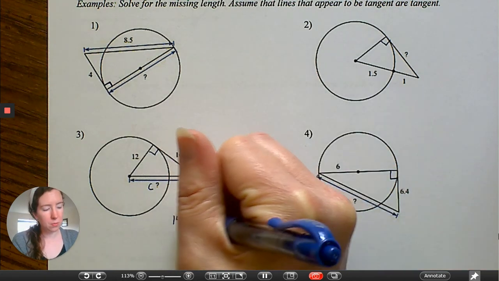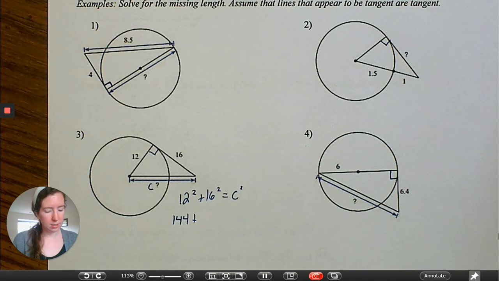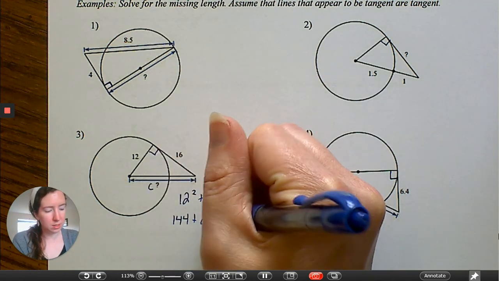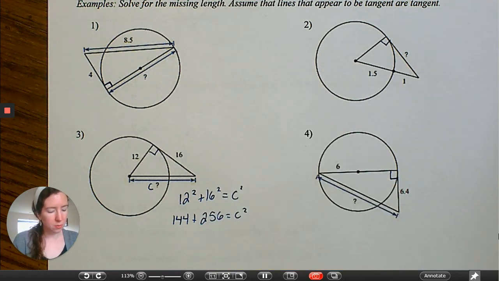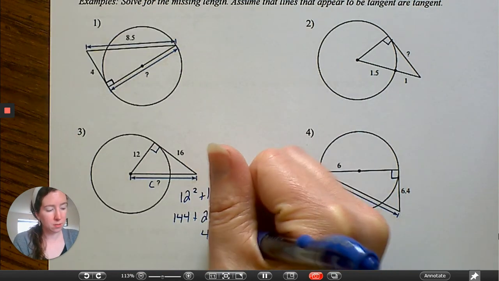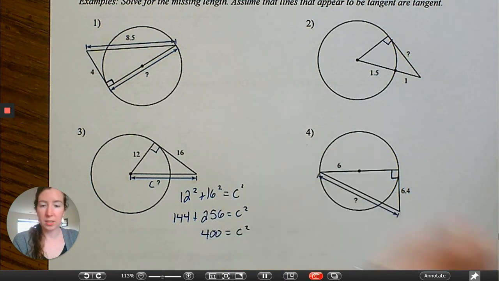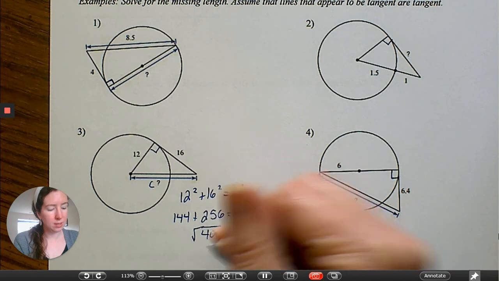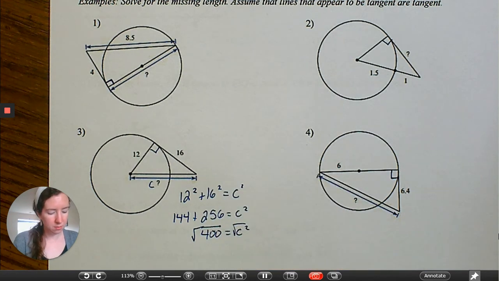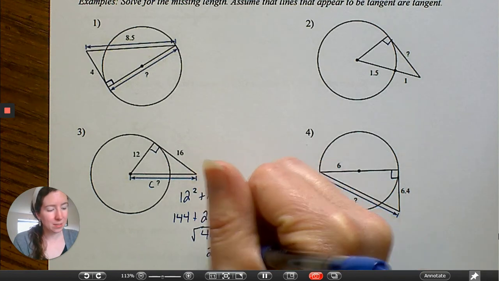So 144 plus 16 squared, which is 256, equals c squared. Add that to 144, I get 400 equals c squared. Remember, then you have to square root both sides. Square root of 400 is 20.